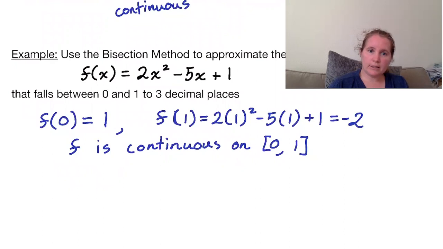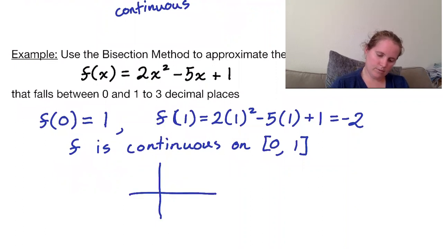So in this case, at 0 our function is positive, and at 1, our function is negative. So we know that somewhere between 0 and 1, we are going to cross that x-axis.